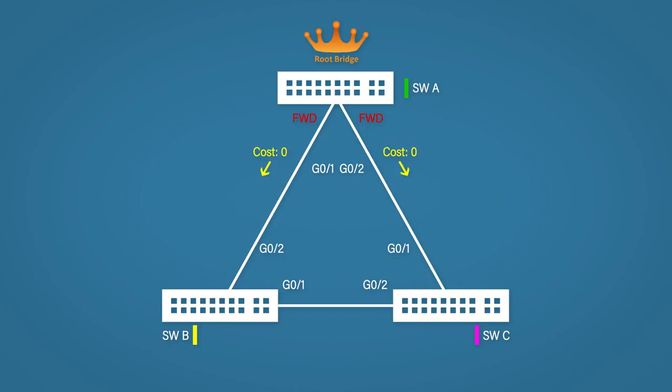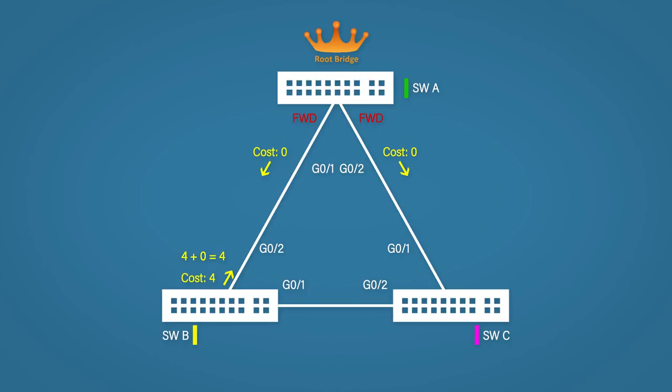It is the root bridge, so there is no cost to reach itself. Then if we look at switch B, it learns the cost from switch A is 0, then it adds its own outgoing cost, which in this case is 4. It then does some quick math. 4 plus 0 equals 4, meaning the root cost out of this port is 4.